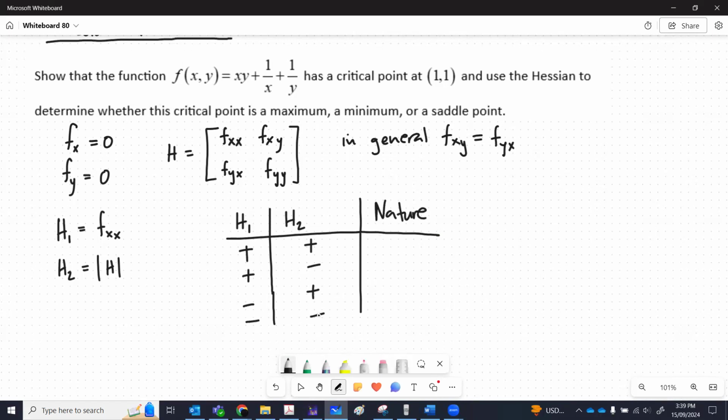Now, whenever your H2 is negative, that is always a saddle point. And here, when H2 is positive, you have to look at what your H1 is. If they are both positive, then you have a minimum. And if H2 is positive and H1 is negative, then you have a maximum critical point.